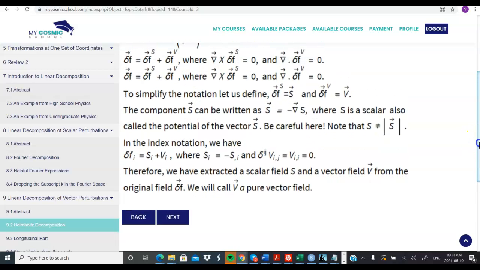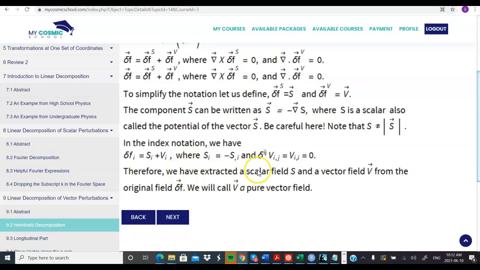Now the index notation is very powerful, and this is the notation that we are going to use heavily in perturbation theory. So make sure that you get good practice of index notation. Take pen and paper and thoroughly practice writing all these equations which we are seeing here, so that you get a good hands-on feel for the index notation.